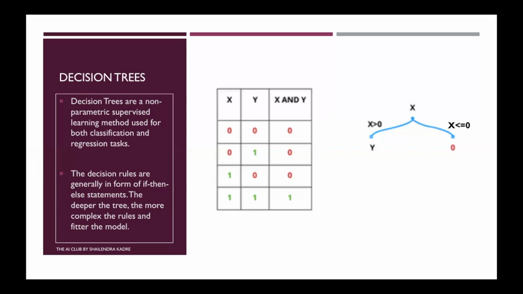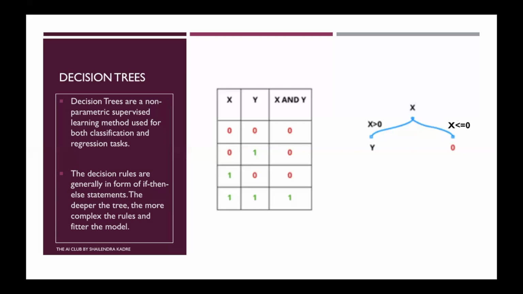Now you can see a data set where x and y are the features or the independent variables, and this column, x AND y, contains the target variable, which depends on x as well as y. If you observe, it is an AND gate which we have applied on x and y.